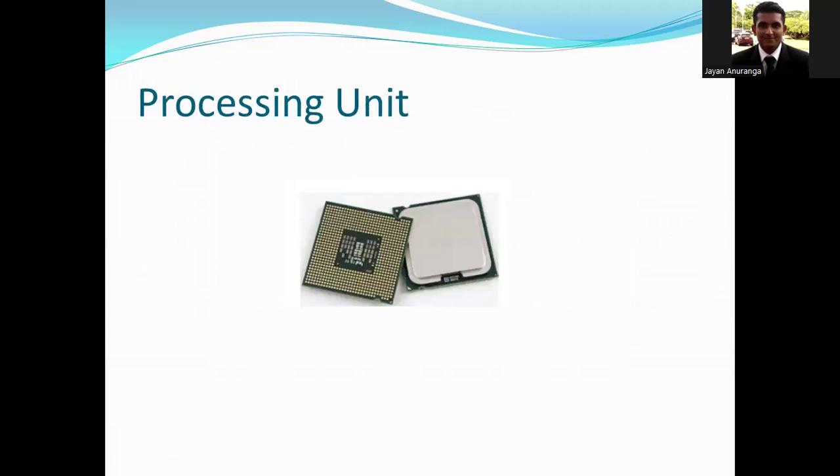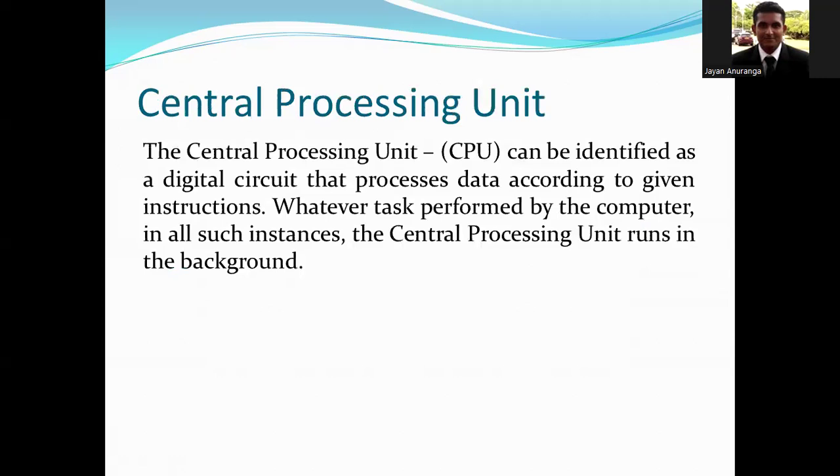Then the processing of data is carried out by the central processing unit of the computer. What is the central processing unit? We consider the CPU the brain of a computer. The central processing unit is a digital circuit that processes data according to given instructions.